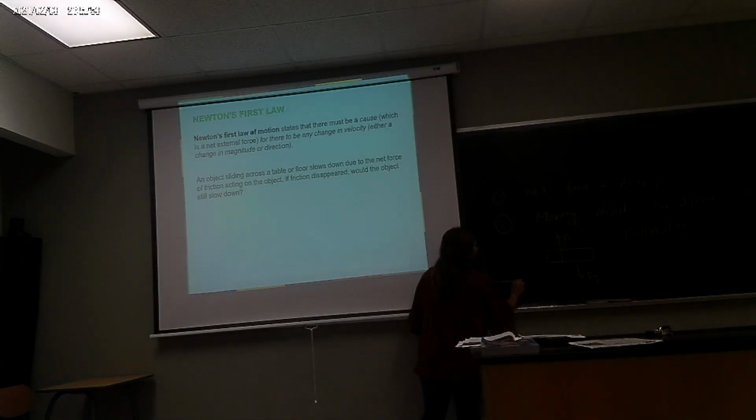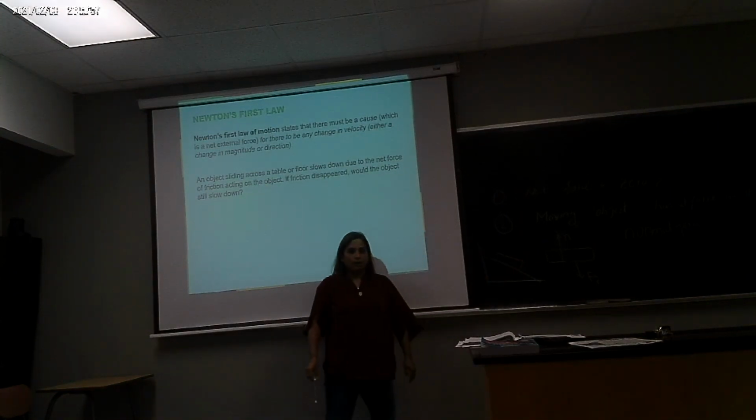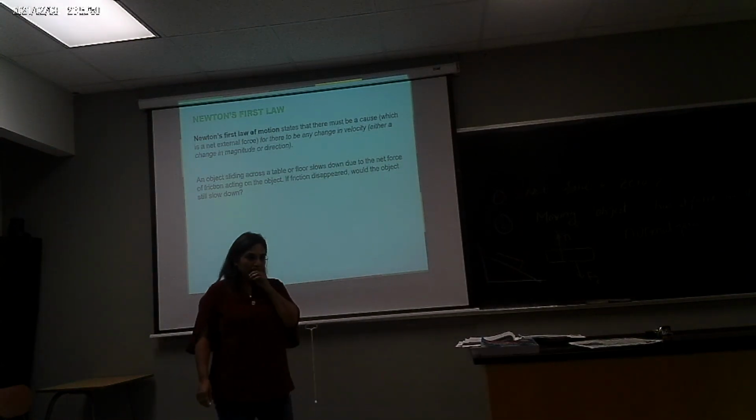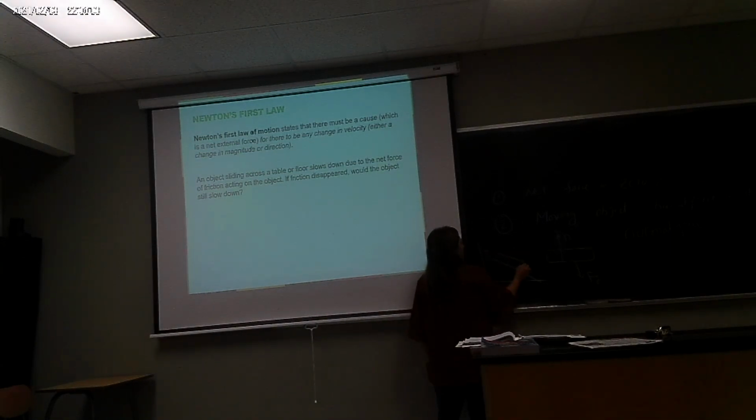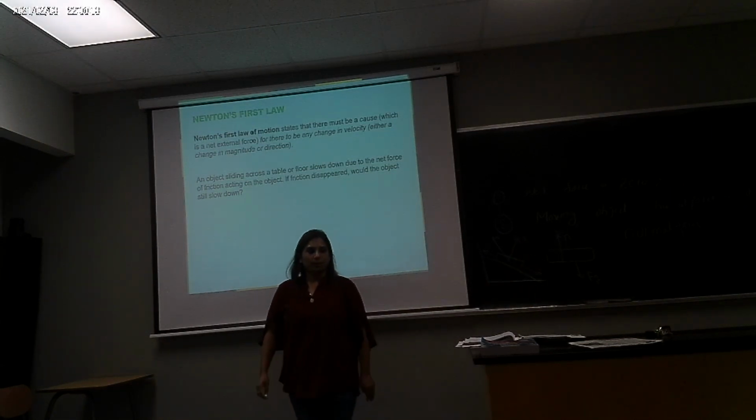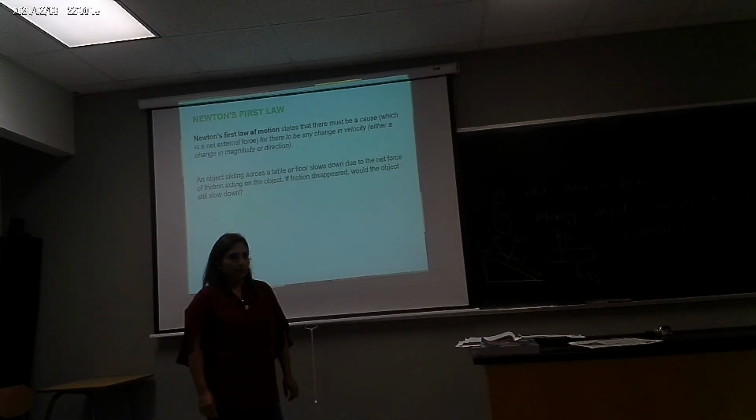If I have a surface which is inclined and I put a book up there, where do you think the normal force is going to be? Should it be here, here, here, or here? So there is an inclined plane.